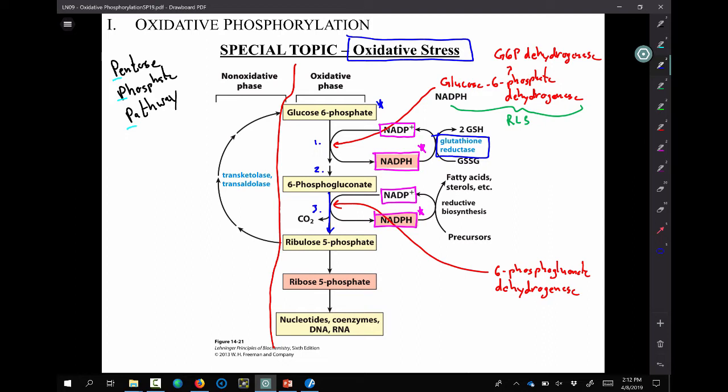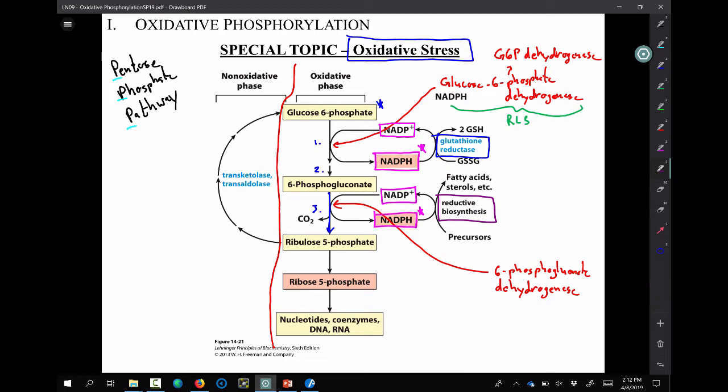A couple of other things to say here. The NADPH made by the pentose phosphate pathway, while being very important to diminish the effects of oxidative stress, is also very important in reductive biosynthesis, as they show here. Very important in particular in actively dividing tissues that are going to need to carry out lots of biogenesis of, let's say, lipids or nucleotides or even amino acids.